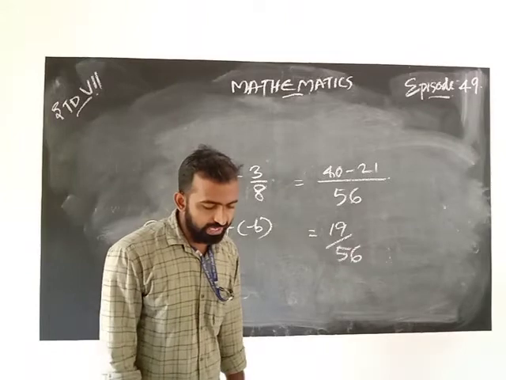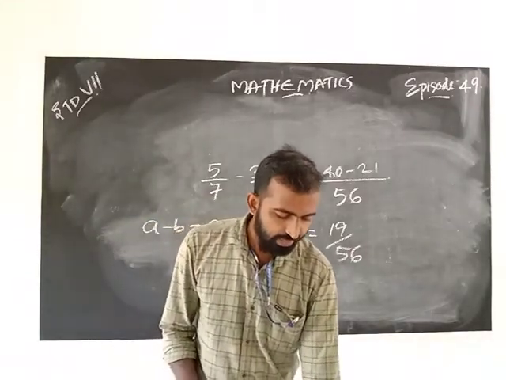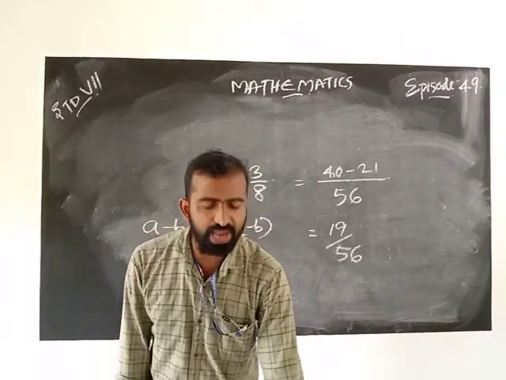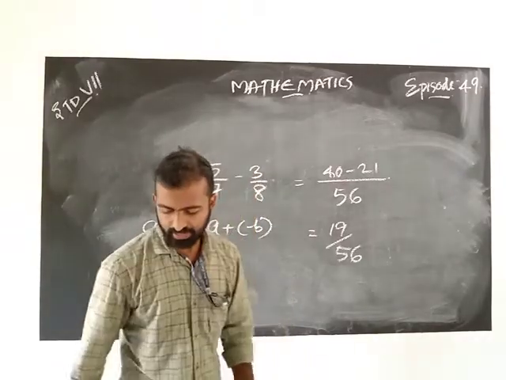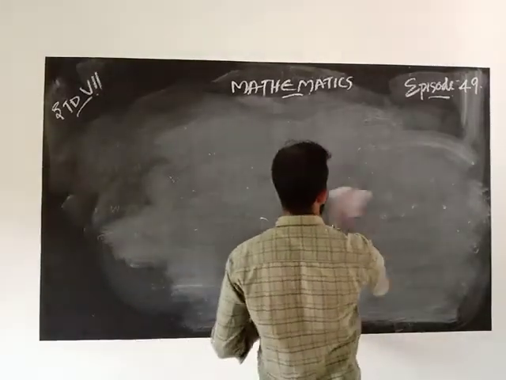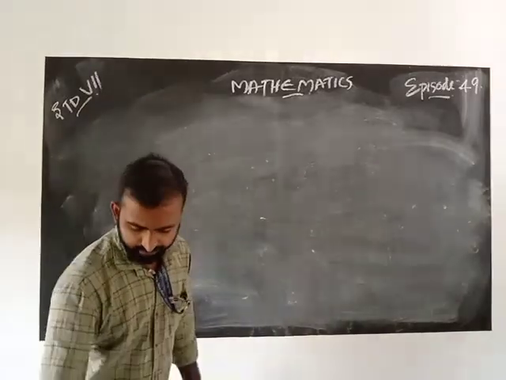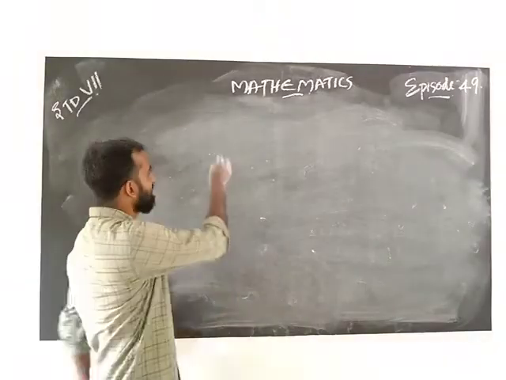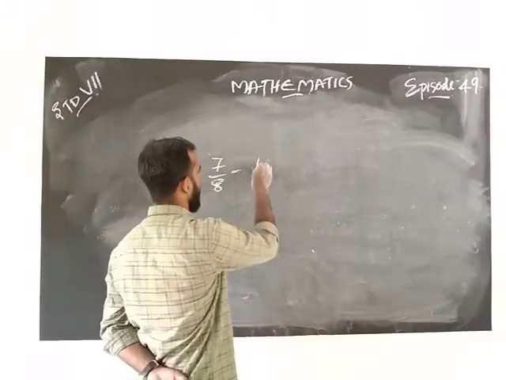And next one is find 7 by 8 minus 5 by 9.